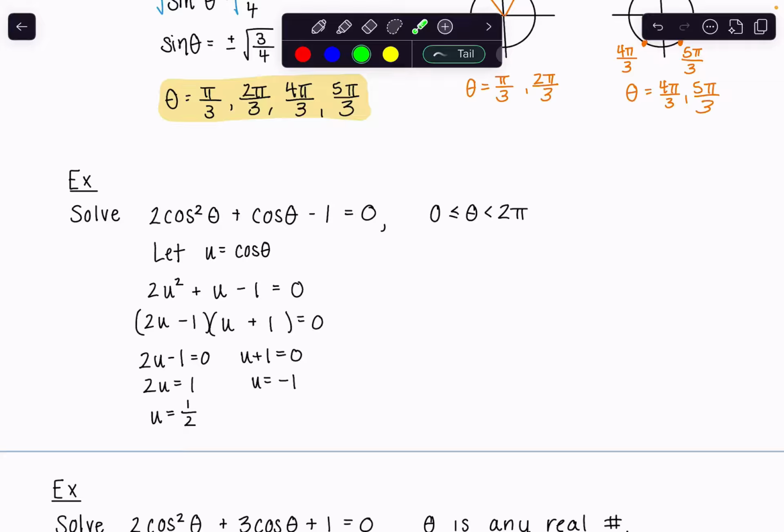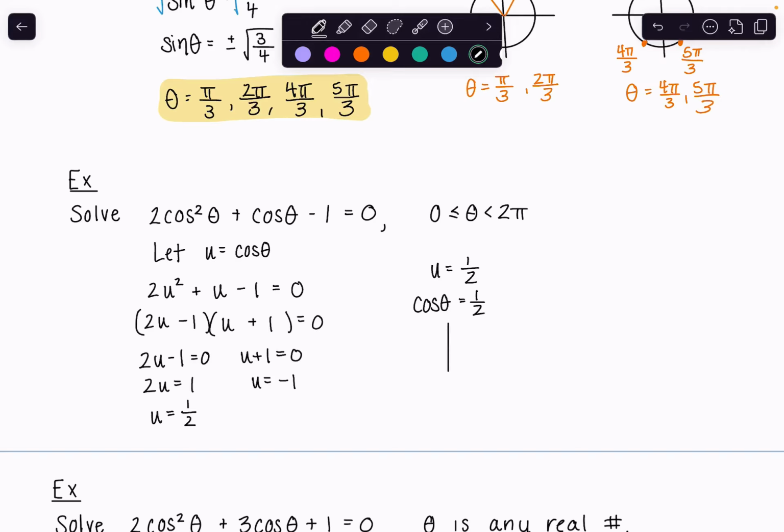Okay. Now at this point you think you're good because you're like, great, I found values. But again, you want to find theta values. This tells you what u has to equal, okay? So I want to go back here. I now know what u is equal to. So if u is 1/2, this is the same thing as saying cosine of theta is 1/2, okay?